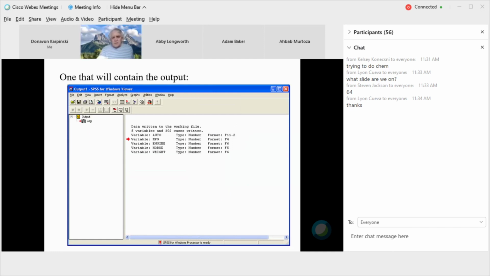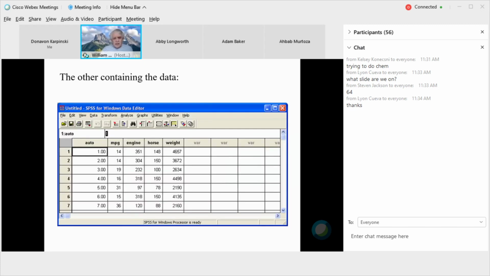Here, I've opened up a file. This is a file on automobiles. One of the variables is miles per gallon. Other variables are engine size, horsepower, and weight. There's the data that came from that file.